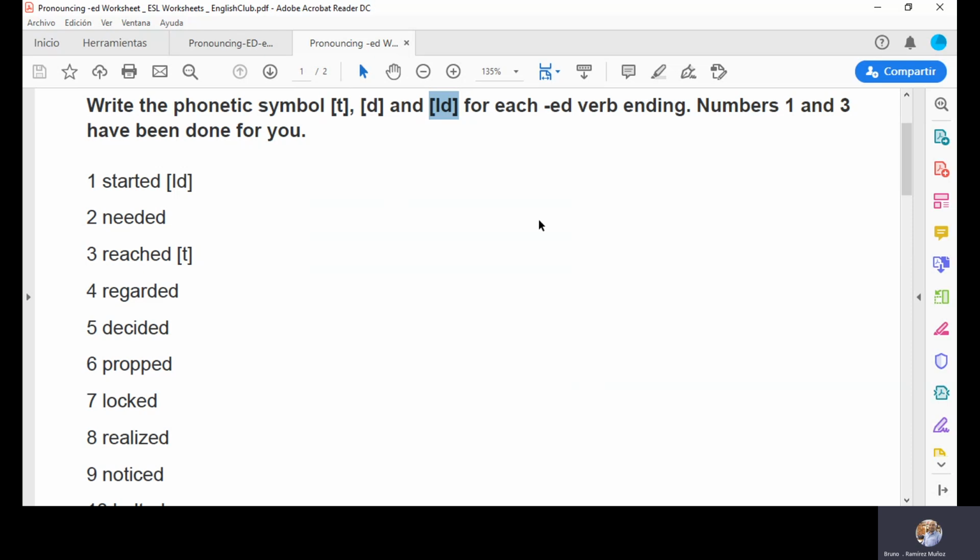If we have the verb, for example, want, that ends in t, then we need to use this one, right? Wanted, wanted. And if we have a verb ending in d, like need, then we need to use the same ending, needed. Okay, needed.